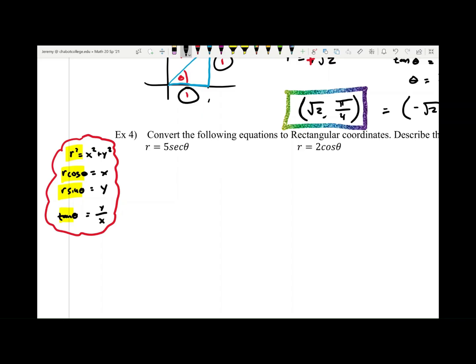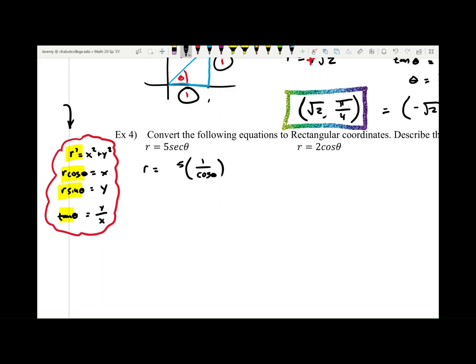And sometimes we have to use a little algebra to get these things to pop up. So in this example, r equals 5 secant theta, I'm not really seeing any of these expressions that I can just substitute x's and y's for. So I have to do a little algebra first. Notice I can write this as r equals 5 times 1 over cosine theta, just using a reciprocal rule.